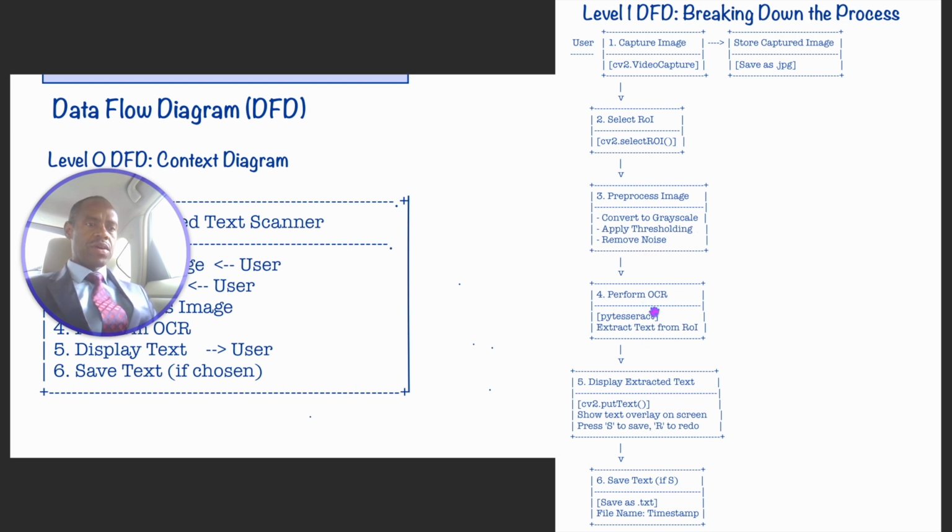Then OCR will be performed to extract text from that region of interest, and then the extracted text will be displayed to the user, so the user can make sure the extracted text is what they want, and then the text will be saved if S is selected.